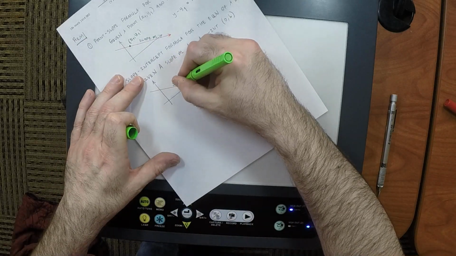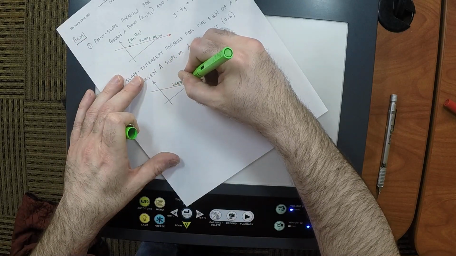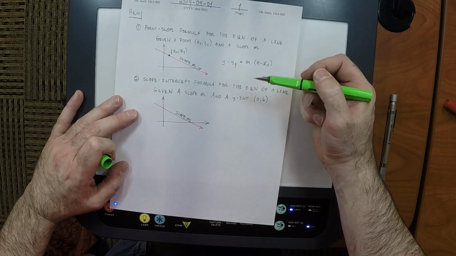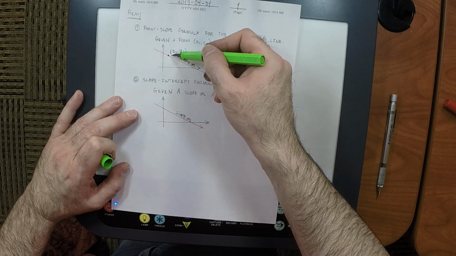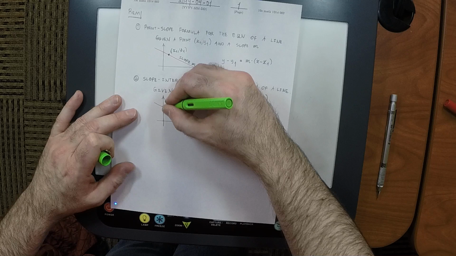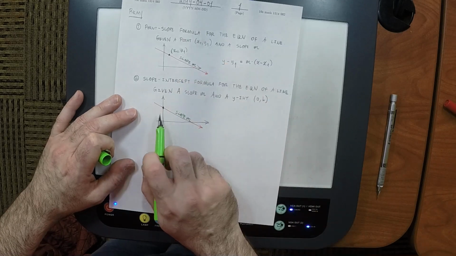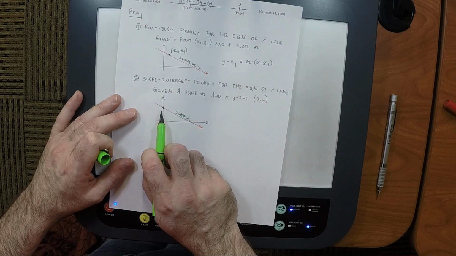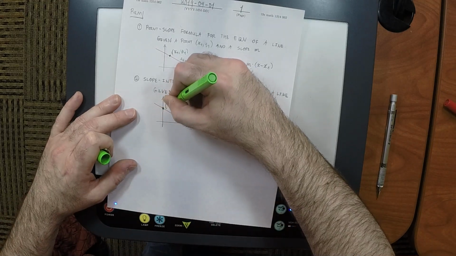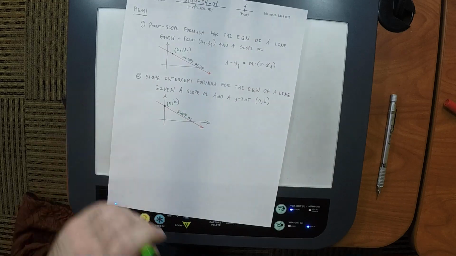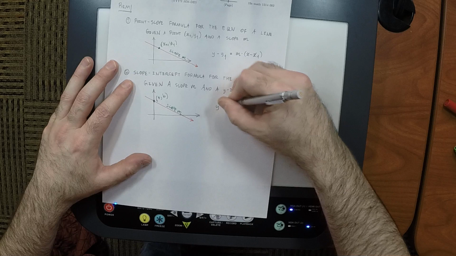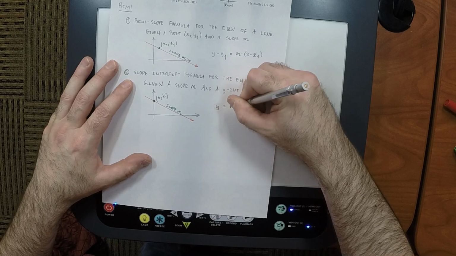So again, slope m. And then we also have a point, but there's something special about this point. Rather than the point being situated anywhere on the line, it happens to be situated exactly on the y-axis. So in that case, the formula is y equals mx plus b.